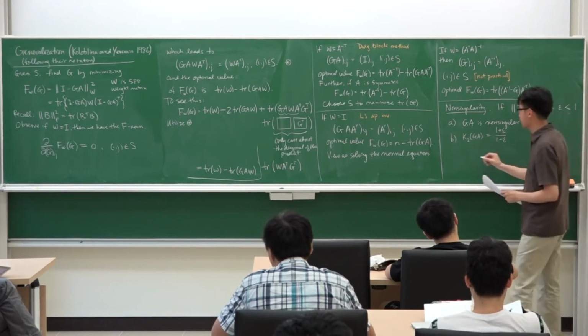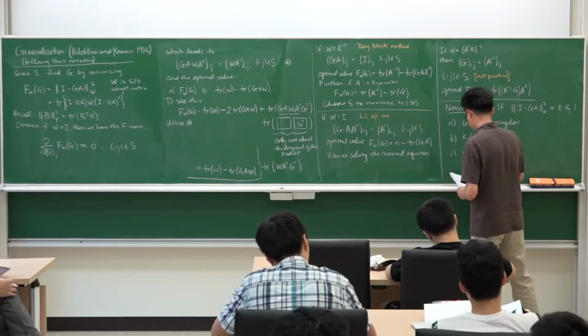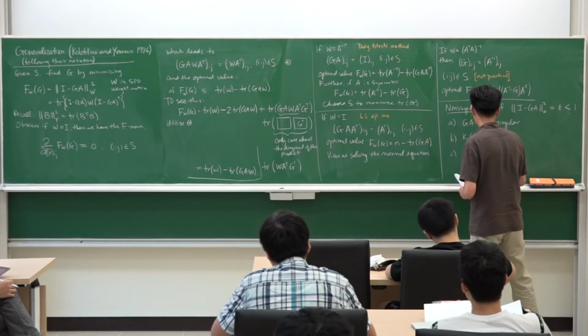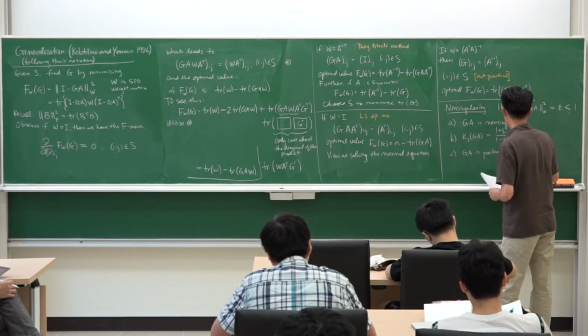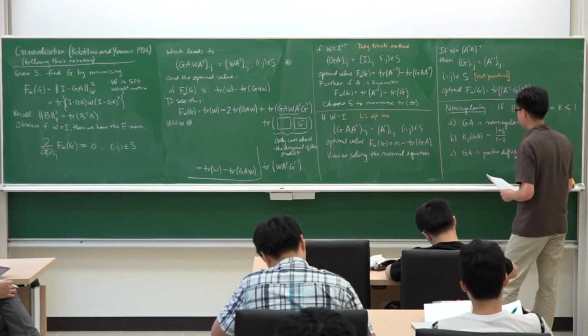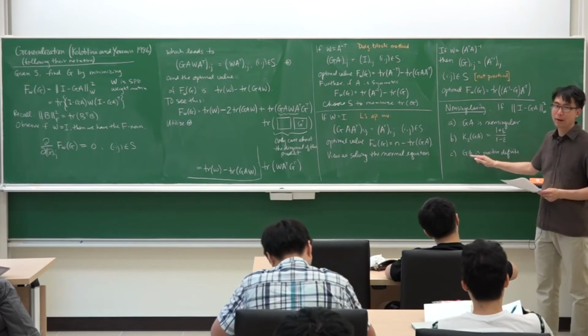And then third, GA is positive definite, which in the general case means that the eigenvalues of GA are all in the right half plane.